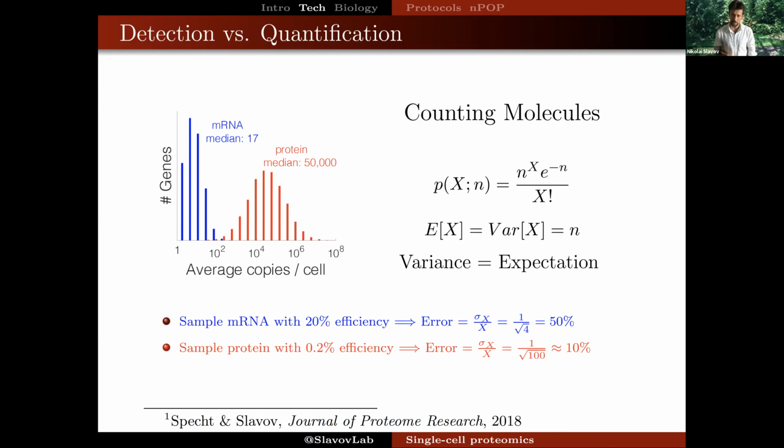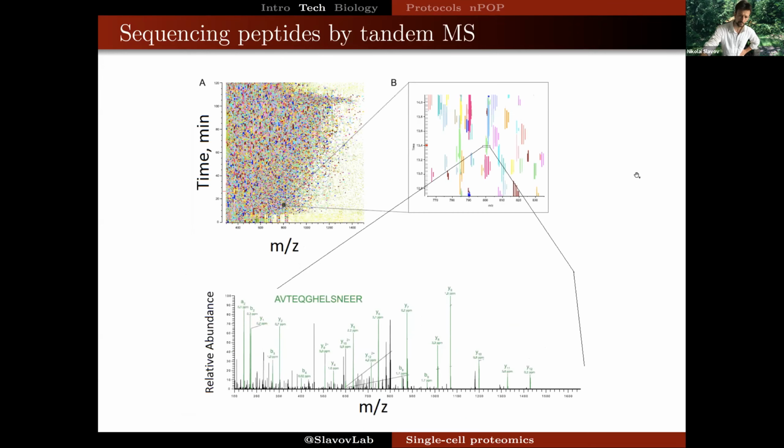And as a consequence, this means that even if our sampling efficiency is modest, on the order of 0.1, 0.2%, we might sample substantially more copies from a protein than is commonly possible to do with RNA sequencing, and therefore have less counting error in our estimates. And I'll show you later today data supporting that this notion has indeed come to fruition.